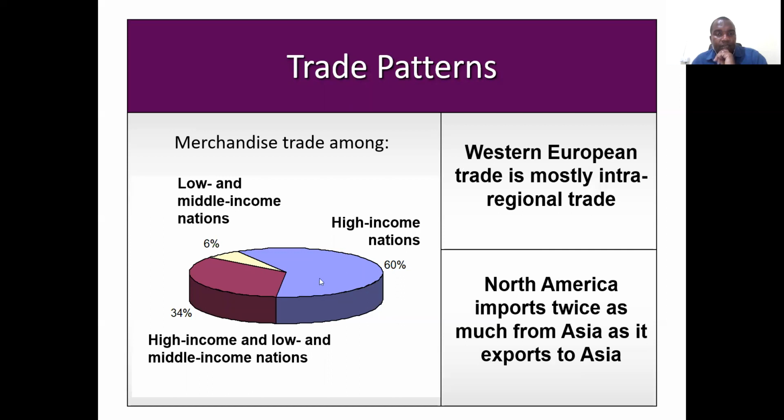If you look at high-income nations, they have 60% of merchandise trade, and the low and middle income nations, 6%, and then between the high income and low and middle income nations, 34%. So you realize that high income nations trade more among themselves than with the developing countries. And definitely the extent to which they trade with developing countries is very low.